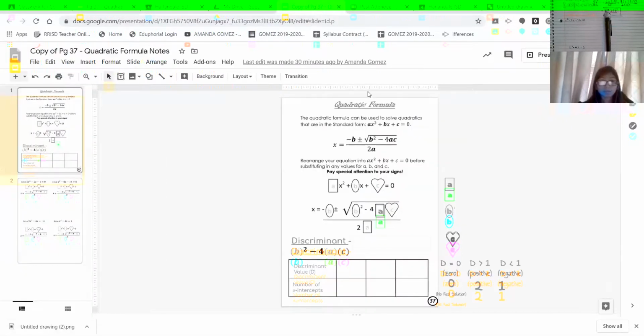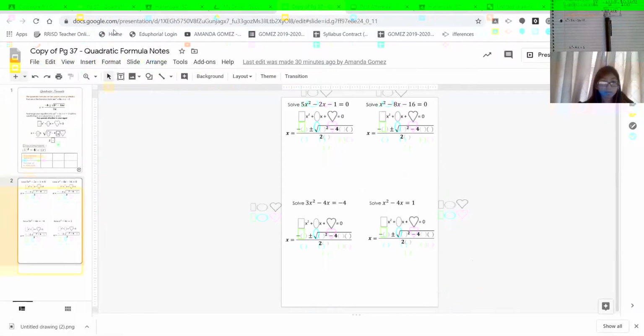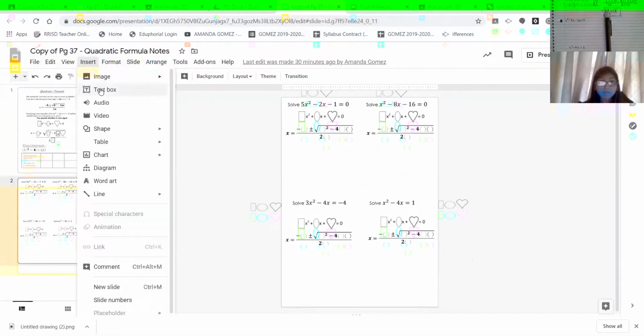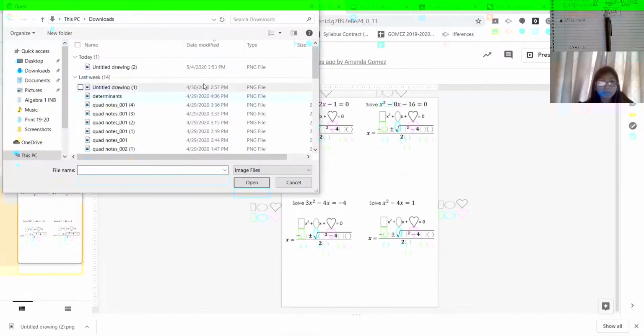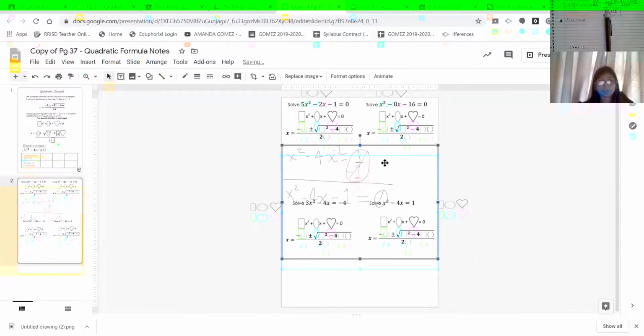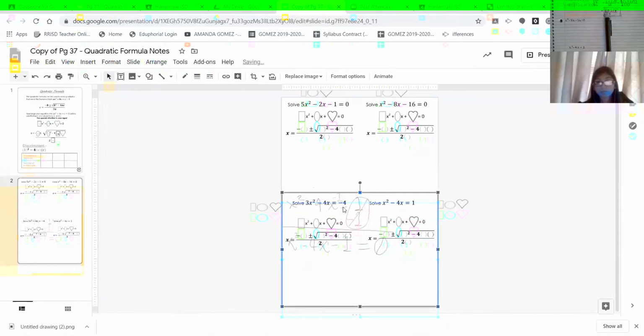Whenever I come back to my slide, is that the one that I was using? Yeah. I can insert an image. And so I'm going to go to select from my computer. And the last thing that I had downloaded here, because I'm in my downloads, that drawing, and then I can just drag it over here. Well, first I'm going to shrink it because gosh, that's huge.